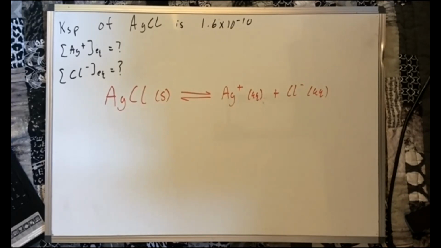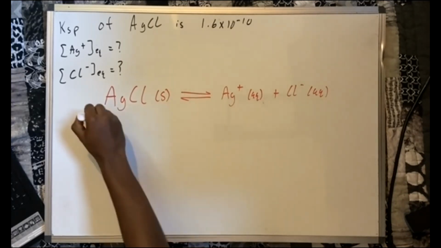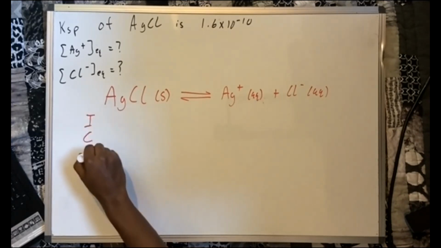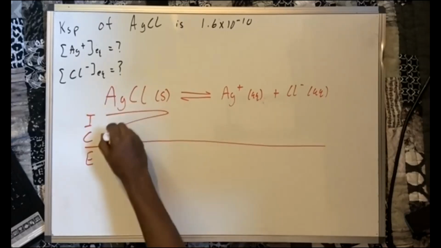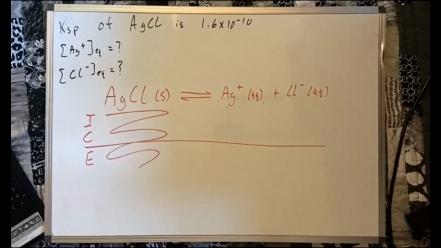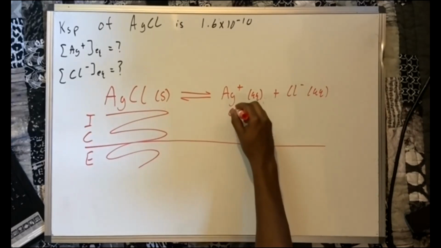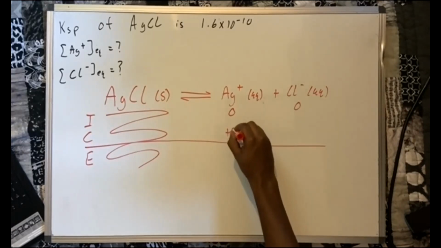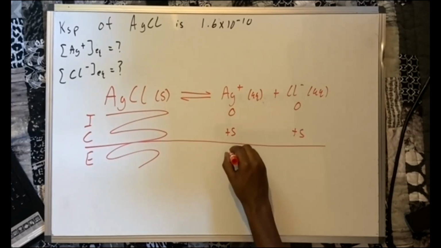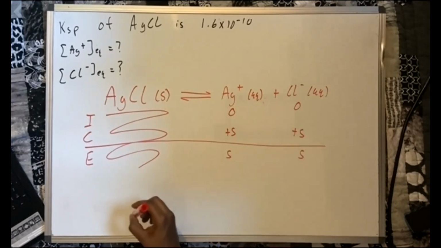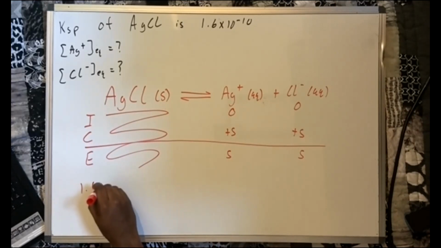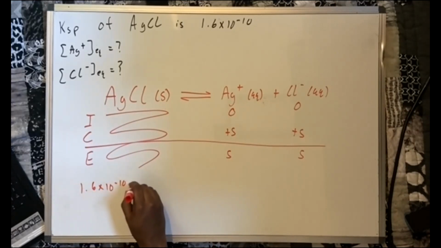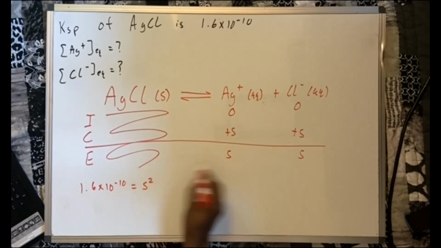So, an ICE table. The solid doesn't matter. 0, 0 for these two, plus S, S, and S. So my 1.6 times 10 to the negative 10 equals S squared essentially.